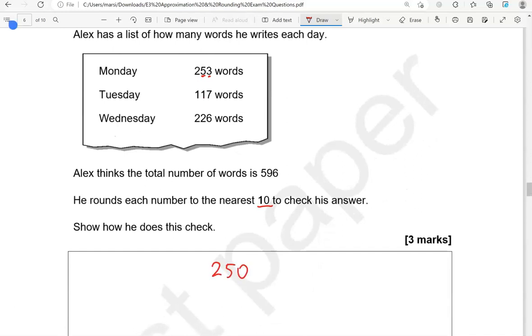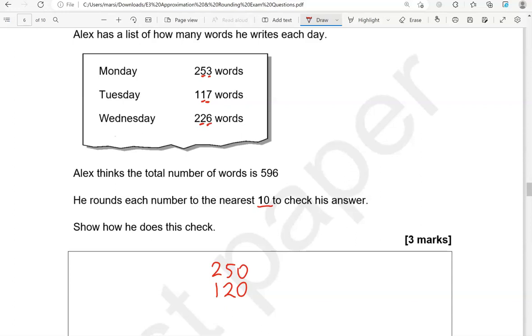Looking at 117, the tens are here. So to decide, we're going to look at the 7, so that is above or over 5. That's why we're going to round that to 120. So we're going to round up. 226, that's the tens digit.